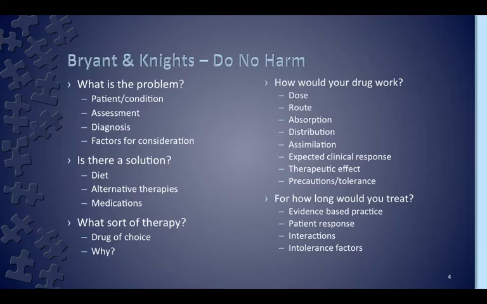So once you've come up with the condition, you understand the pathophysiology of it, you understand the situation that the person's in, so you've picked up all the personal information, that includes their ability to understand what their condition is and what the drugs are going to be that they take. And the best way to do that is to ask the patient, do they know why they're here today? Do they know what kind of problems they're experiencing at the moment?